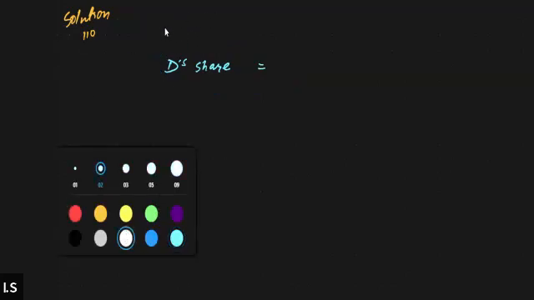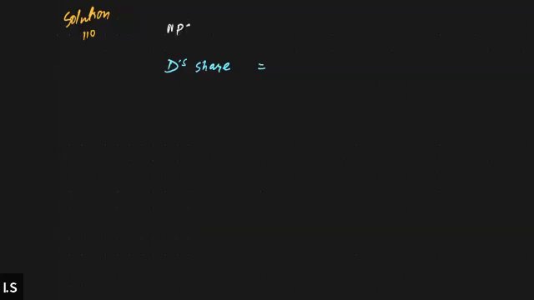Let me just write down the new profit sharing ratio, new PSR. The new profit sharing ratio of the partners is already given, that is 3 is to 4 is to 2 is to 2 is to 1. So 3 is to 4 is to 2 is to 2 is to 1.